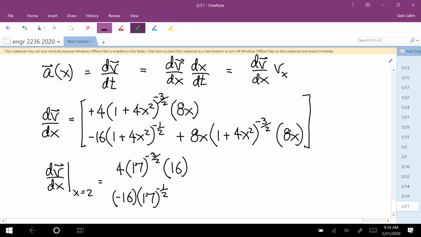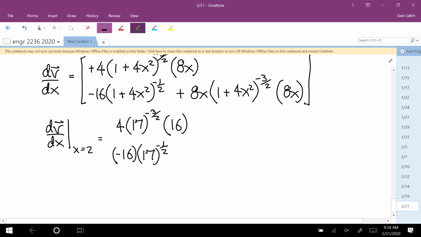All of this, I'm just still calculating that derivative, using the chain rule to calculate the derivative of 1 plus 4x squared with respect to x. I haven't multiplied yet. So negative 16 times 17 to the negative 1 half, plus 16 times 17 to the negative 3 halves times 16. Okay, so that's that derivative.